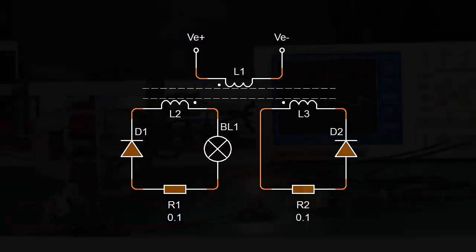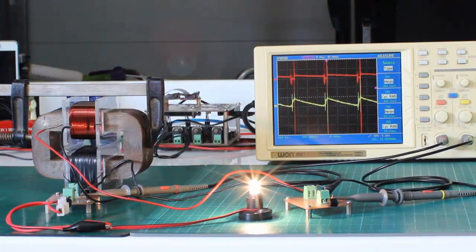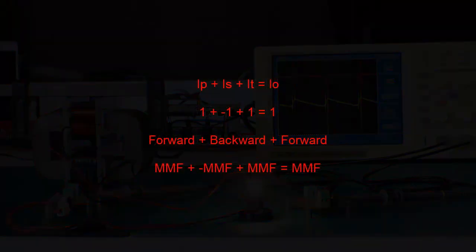Now what this is showing is that the currents and the magnetic fields are interacting together in the same space, but with different polarities.